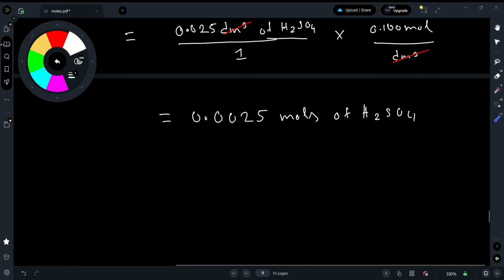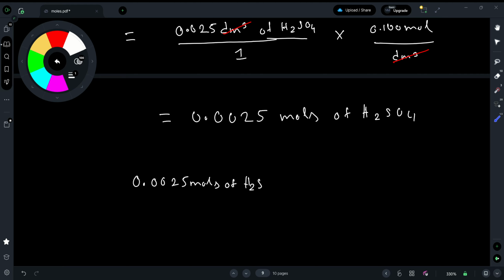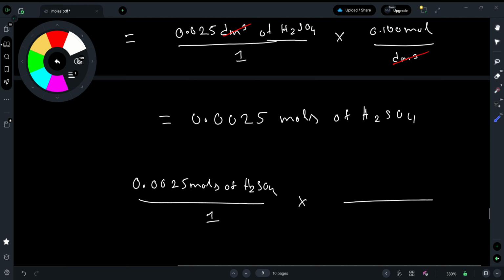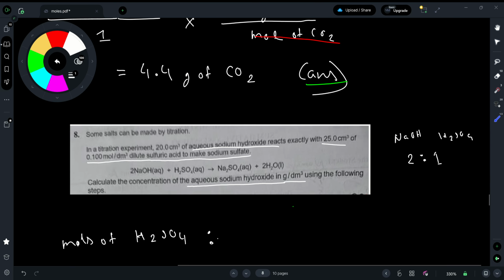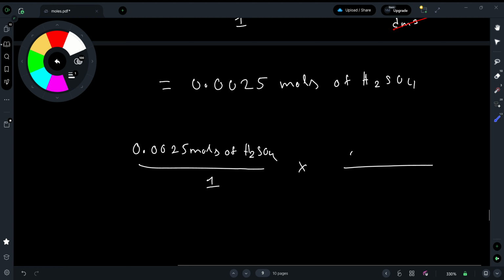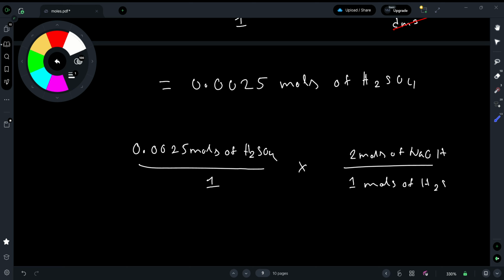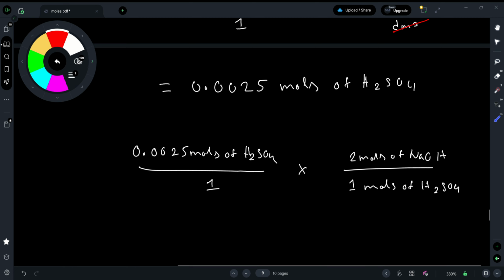So we can write 0.0025 moles of H2SO4 by 1 into, and we saw the ratio: for every 1 mole of H2SO4, you have 2 moles of NaOH.